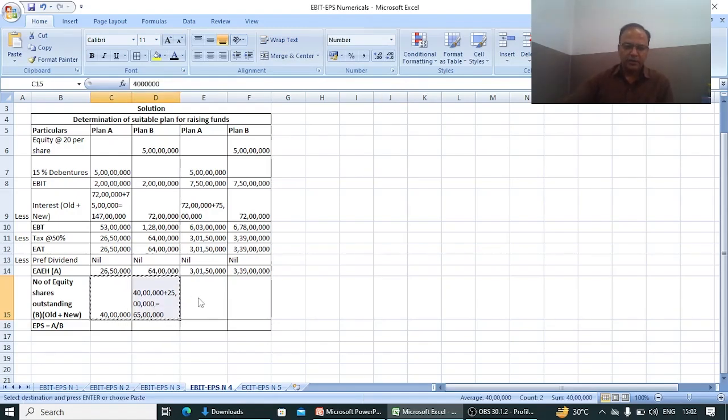Same calculation is here. Now EPS is equal to A by B. 26 lakh 50 divided by 40 is 0.6625, and the other is 0.984.